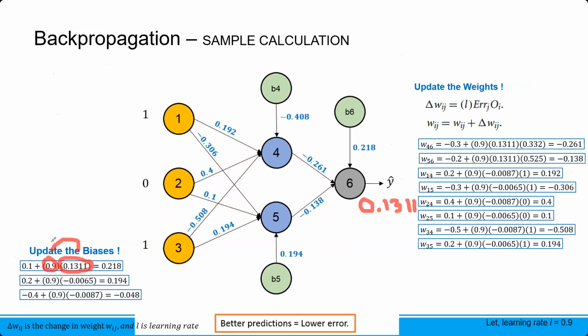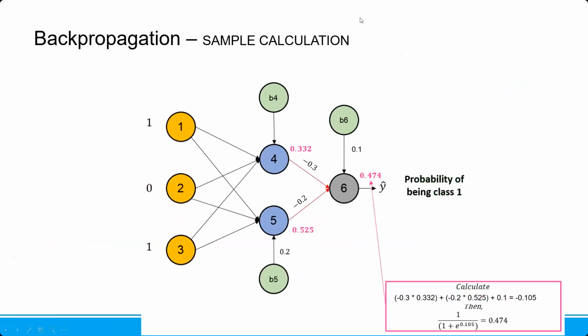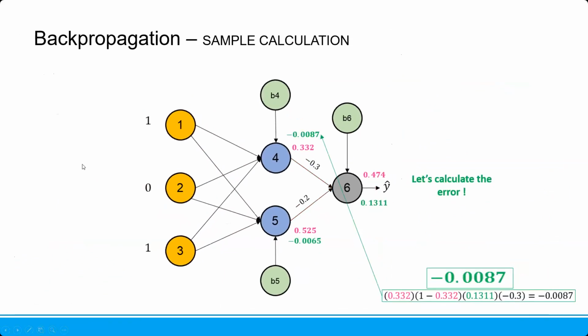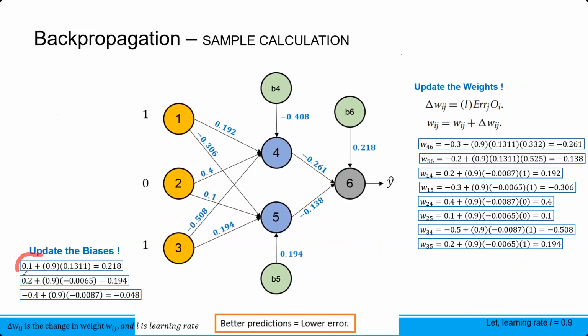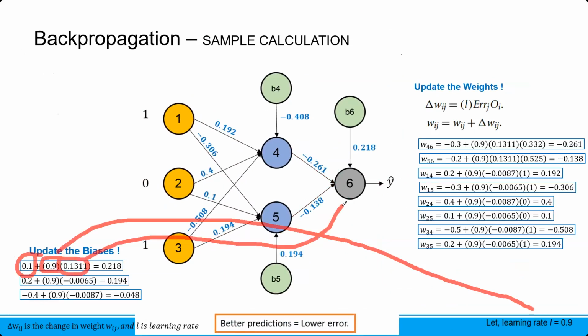The initial bias is 0.1. So 0.1 plus 0.9, which is the learning rate, multiplied by 0.1311, the error from node 6. So we will get the value 0.218. This 0.218 will be the new bias for node 6.